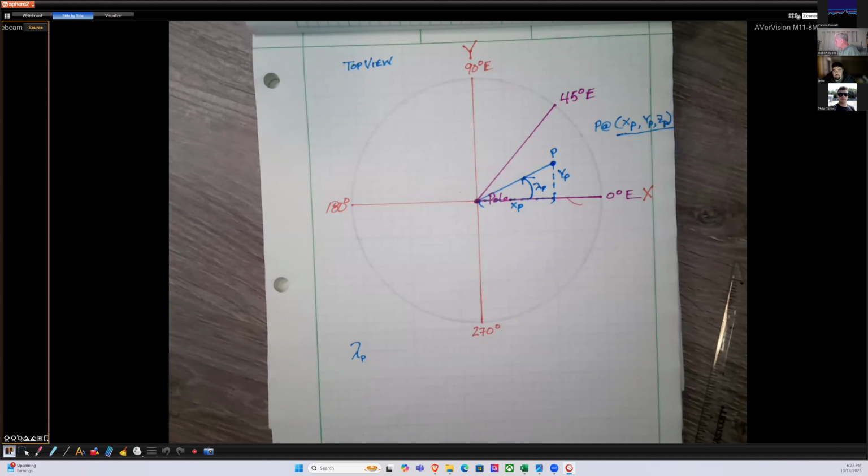Let's construct it. So the tangent of the longitude of P would be equal to what?